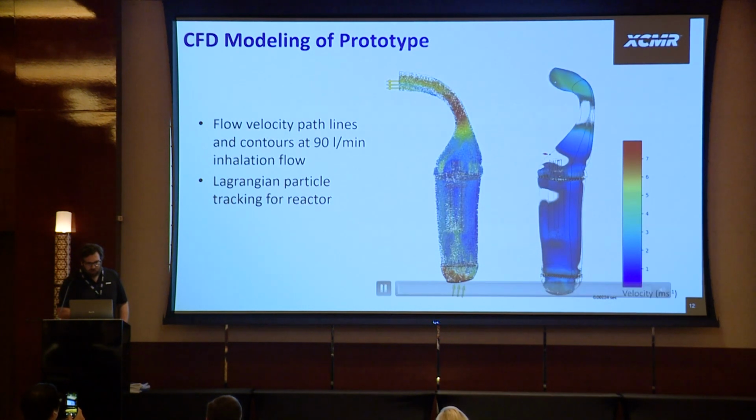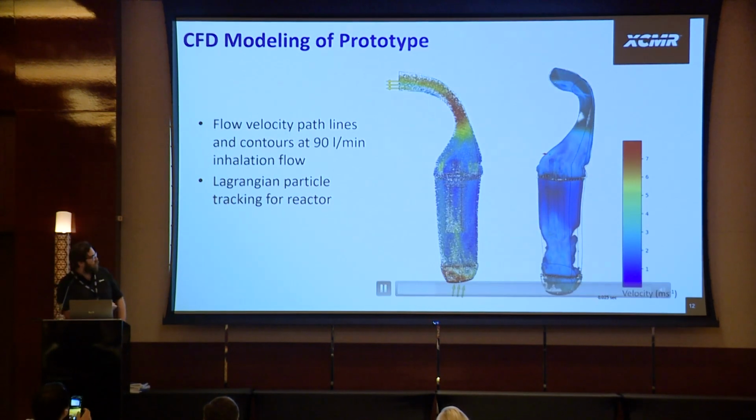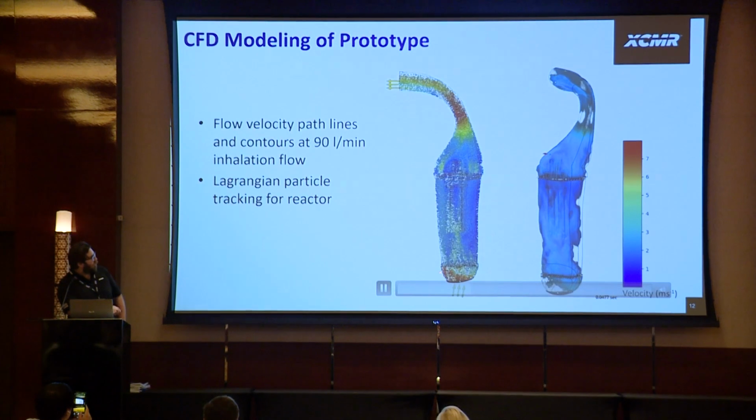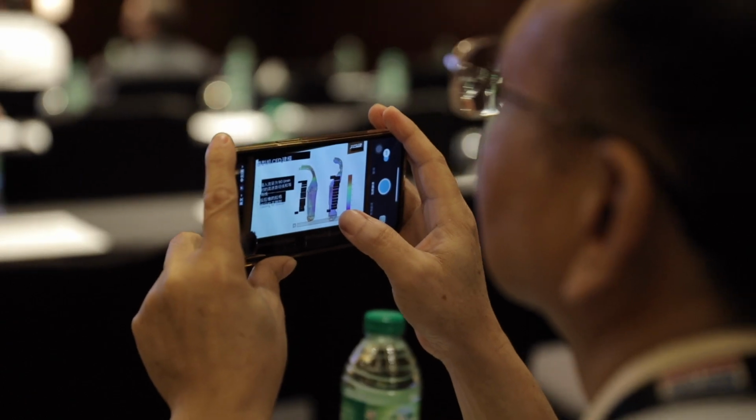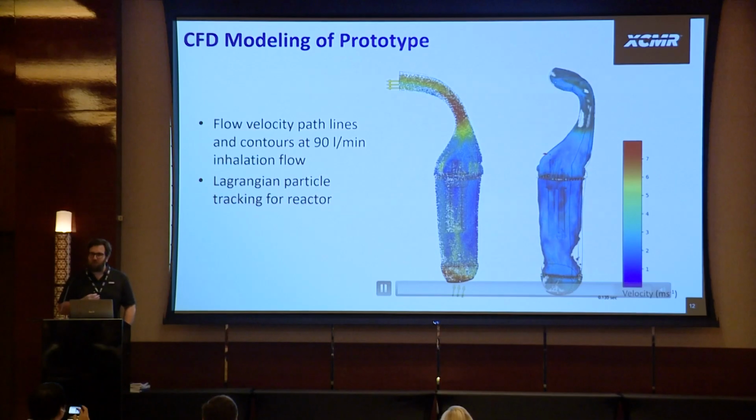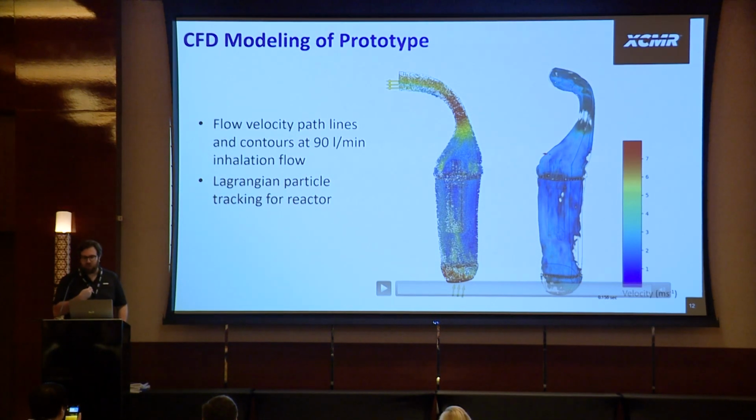And you can see here as it flows from the bottom of the reactor up through the zone where you're going to have disinfection, and then back out through the top where you're going to have delivery to the person. To determine the dose distribution through this system, we used particle tracking.